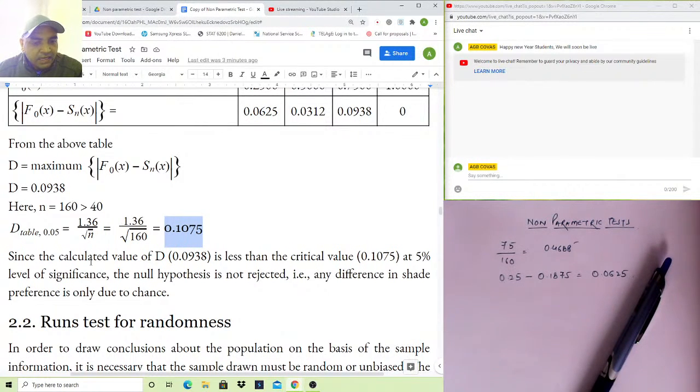It will become 0.1075. Since the calculated value of D, that is 0.0938, is less than the critical value at 5% level of significance, the null hypothesis is accepted. That is, it is not rejected. And that is, any difference in the shade preference is only due to chance, right?